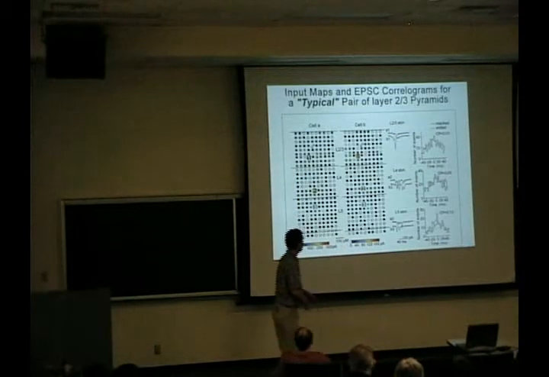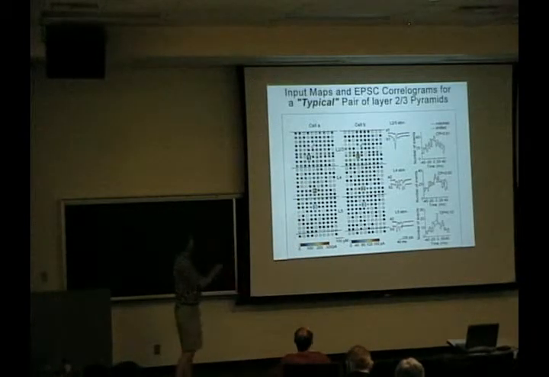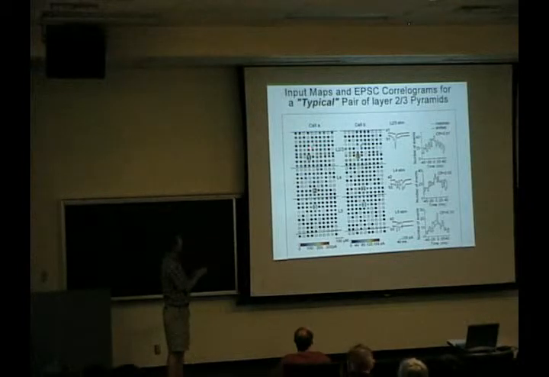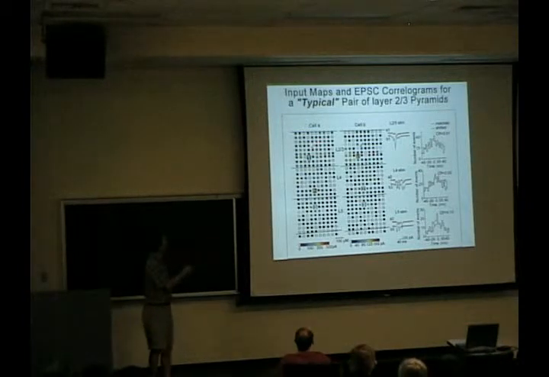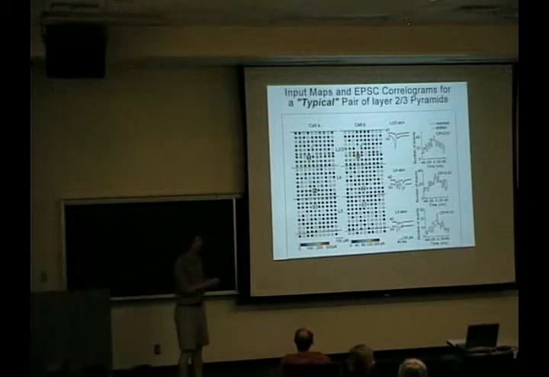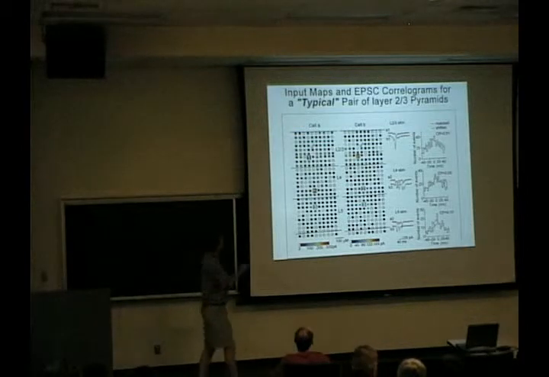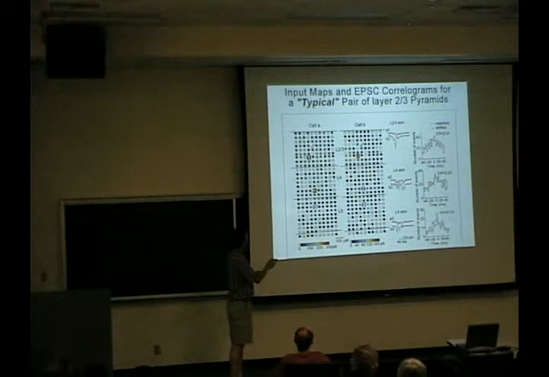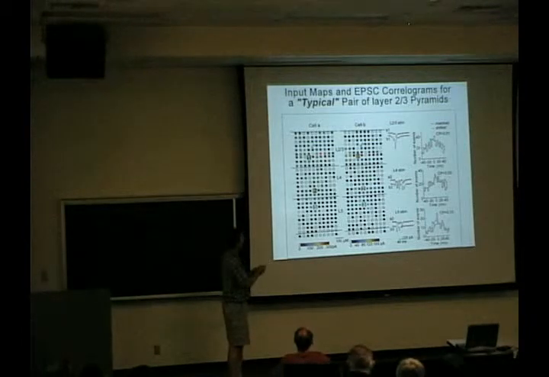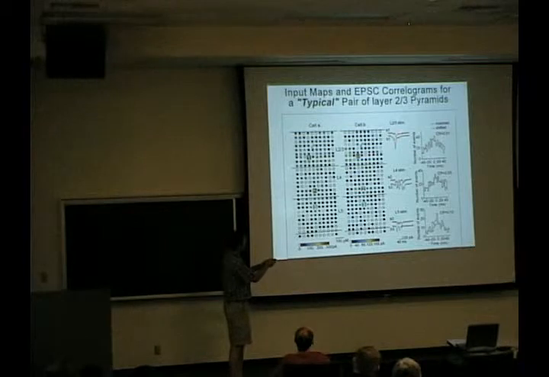So here's data from a typical pair of pyramidal neurons. This is cell number 163, and 293 right next to it. This is typical data, what we see from most cells we record from. If we stimulate this site number 1 and record synaptic currents simultaneously from two cells, you can see that they come roughly at the same time, but not real well synchronized.